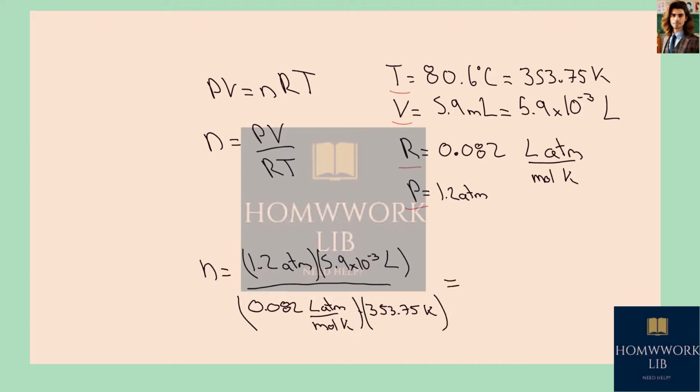Before we do any operations, you can verify that the units cancel out properly: liters and liters, atmospheres and atmospheres, and Kelvin with Kelvin. We have mole to the minus 1 in the denominator. That means that our final result is going to be in moles directly.